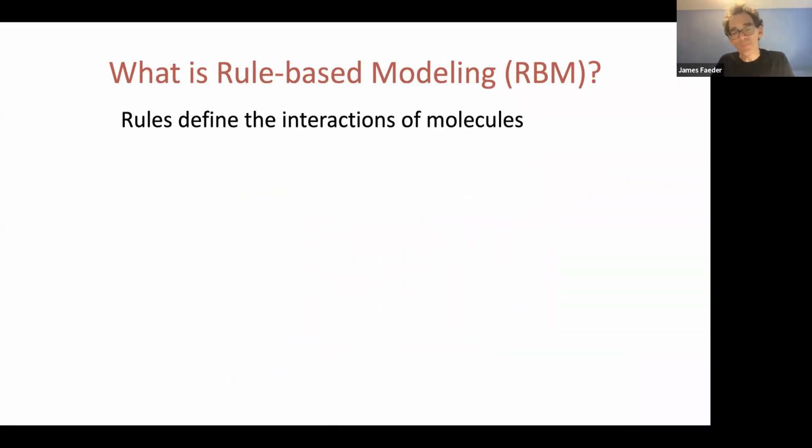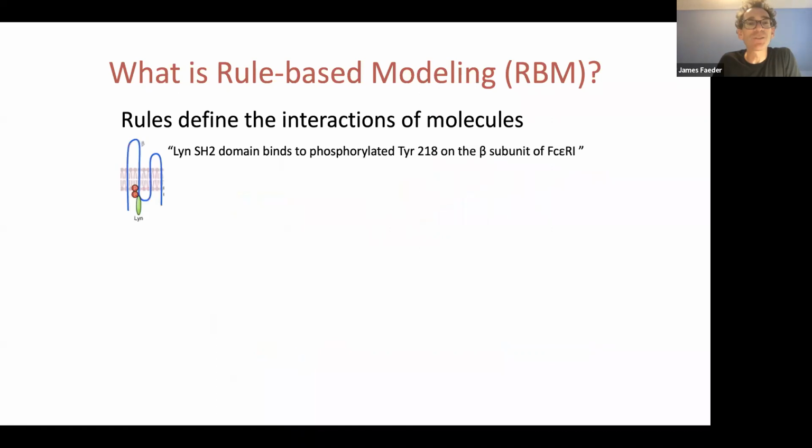So the first part of the rule-based language is having structured molecules, structured objects, as opposed to monolithic objects. And the second part is to have rules that operate on those structured objects. So rules define the interactions of molecules, very simple rules.